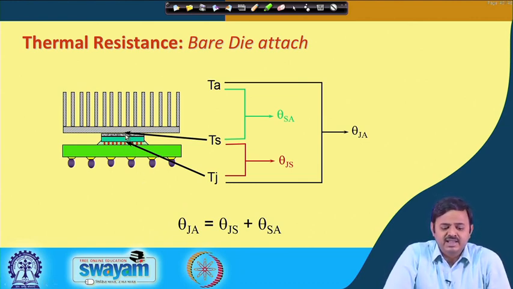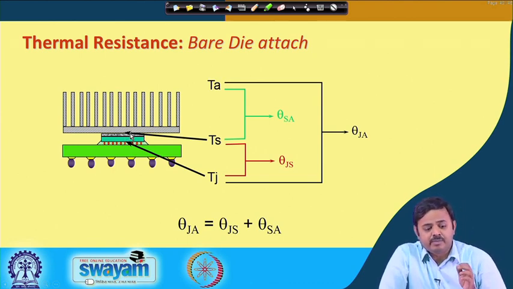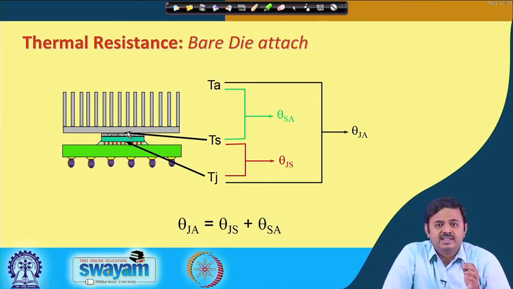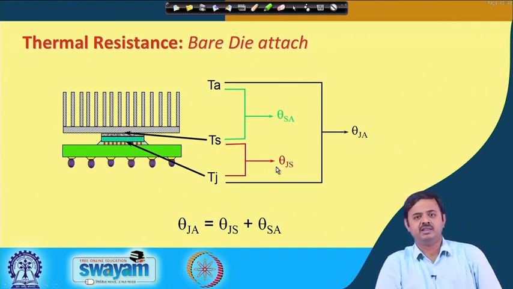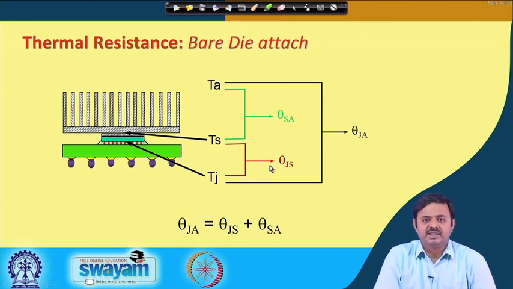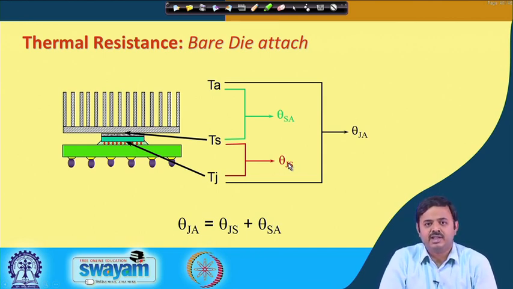What next? Ts, the temperature at the heat sink base, and then finally Ta, which is T ambient. Assuming these 3 points, the junction, the sink and the ambient, we can define a resistance from junction to sink, theta Js, and a thermal resistance from sink to ambient, which is theta Sa.